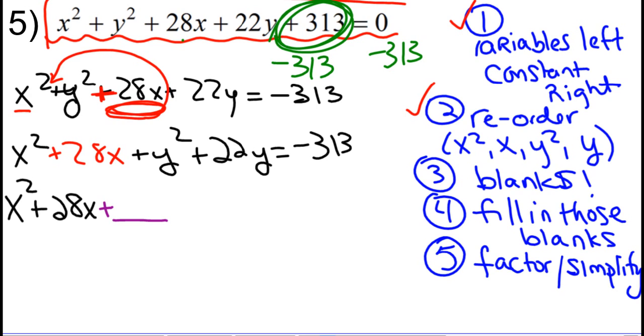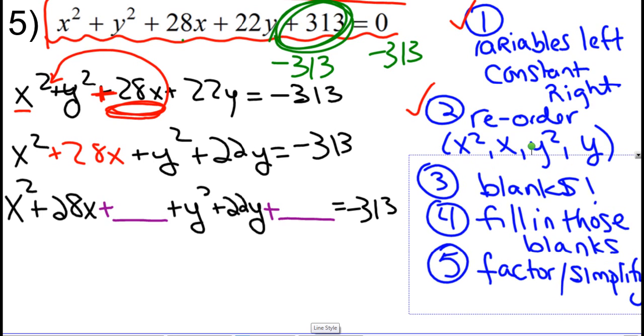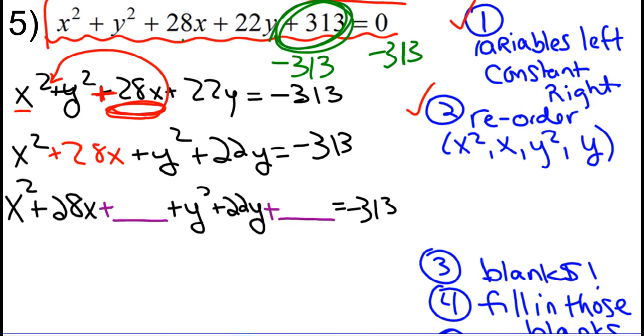I'm then going to continue with my equation, y squared plus 22y plus blank, and that equals negative 313. All right, now I'm running into problems here, so I'm going to just move that down there. That'll work. So then what I have to do now is, because I added 2 purple blanks, one right here, the second one right there, I added 2 blanks to the left side of my equation.